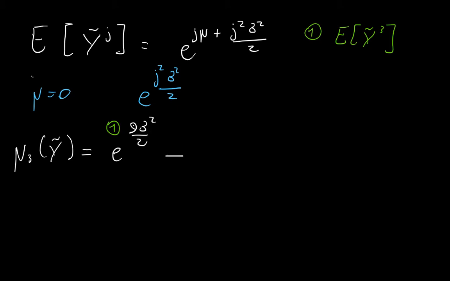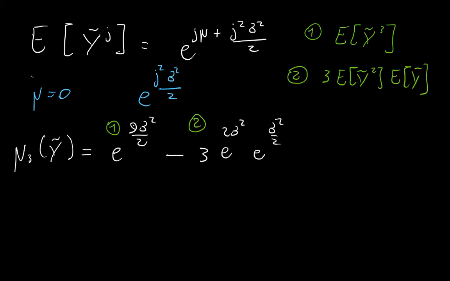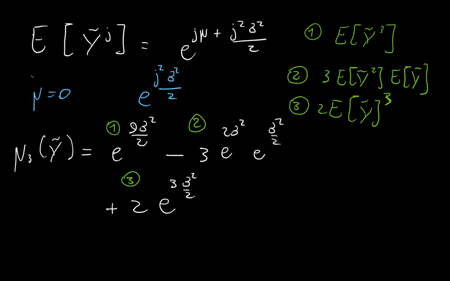Therefore, the first term is the expected value of Y tilde to the power 3. Then the second term is 3 times the expected value of Y tilde to the power 2 multiplied by the expected value of Y. And the last, the third component, is 2 times the expected value of Y tilde to the power 3.